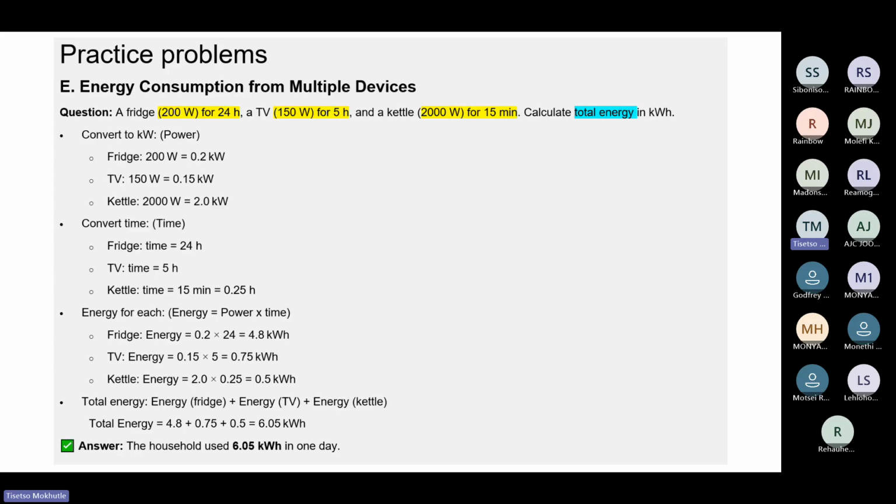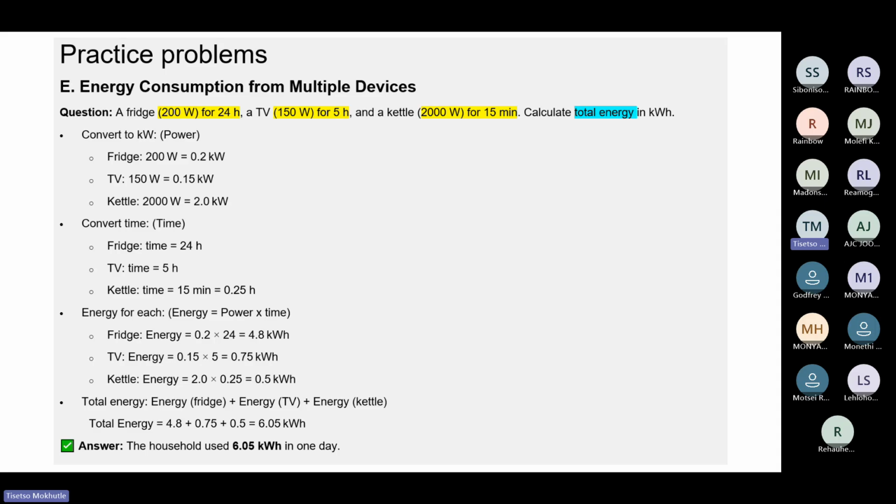The last way of that being calculated, you can be asked for energy consumption from multiple devices. An example would be, you are told that a fridge has got a 200 wattage label, and it is always on for 24 hours.